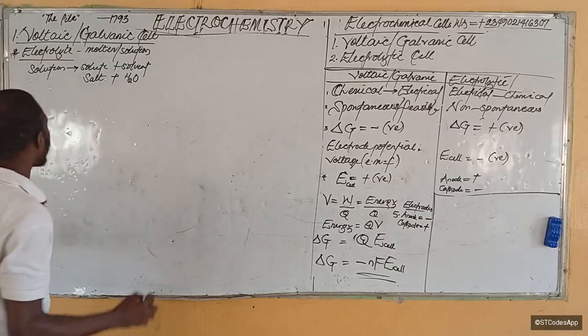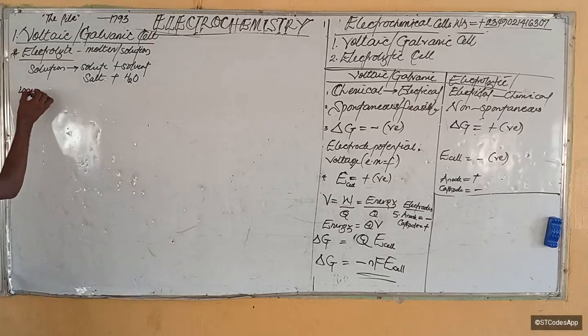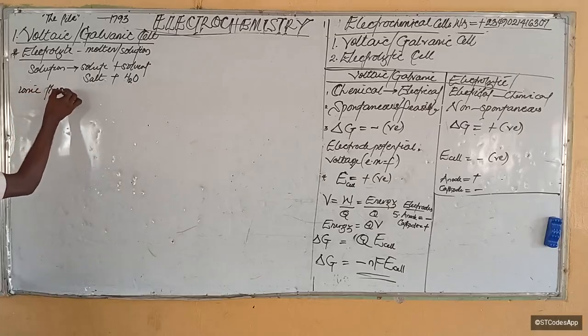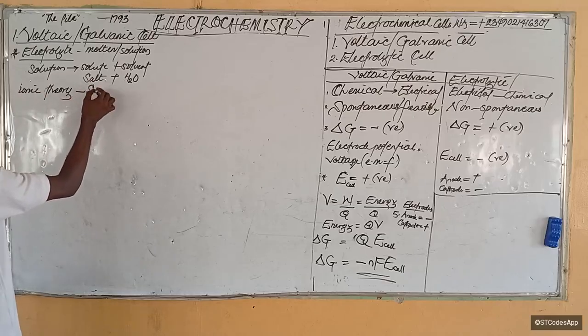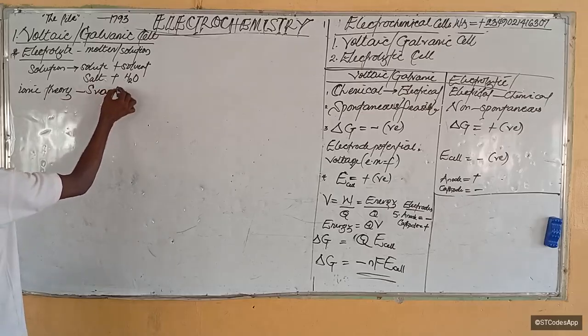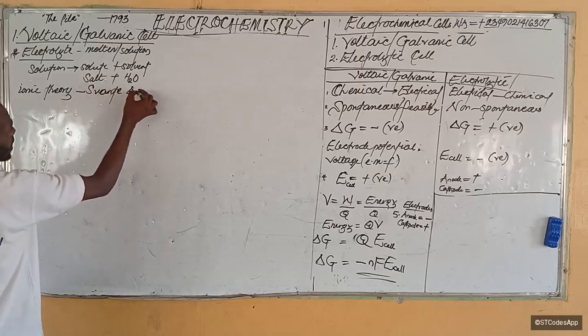Is that clear? Now, according to ionic theory that was propounded by a certain Swedish scientist, that's Svante Arrhenius.